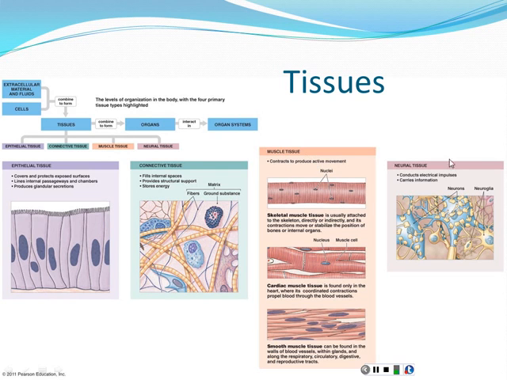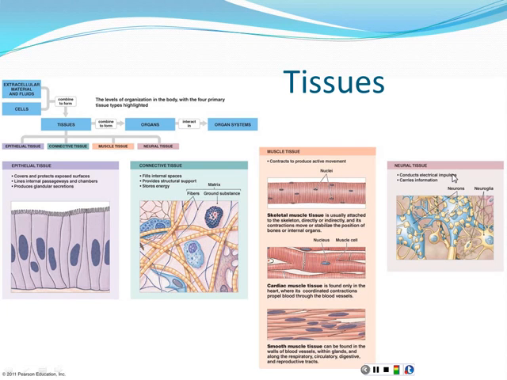And then neural tissue, its specialization is it conducts electrical impulses, and it also produces substances that make changes in other cells. So the command and control system of the body is nervous tissue, which uses this electrical conductivity to actually make chemical changes that then make things happen.